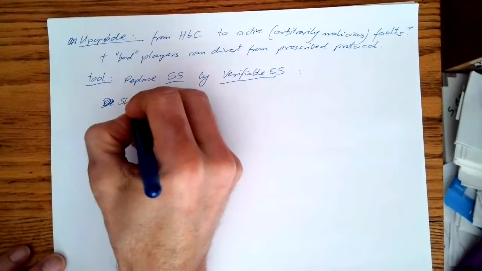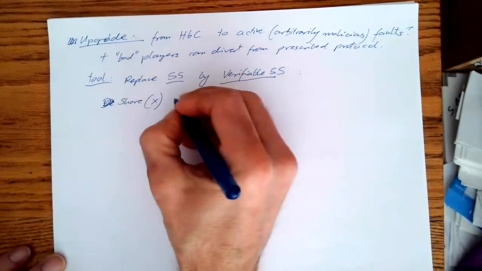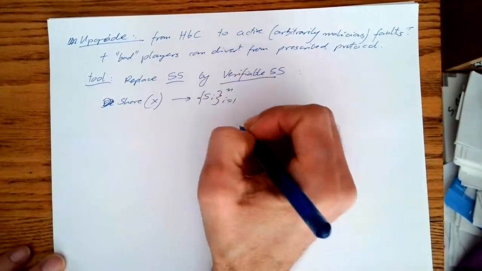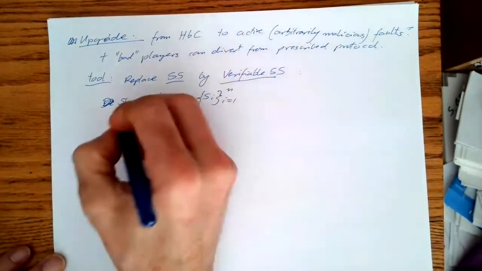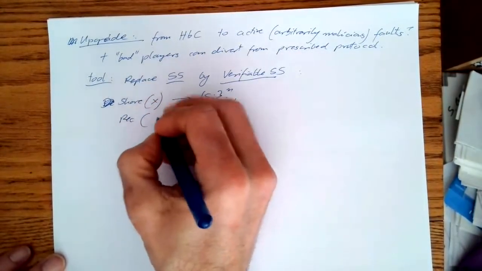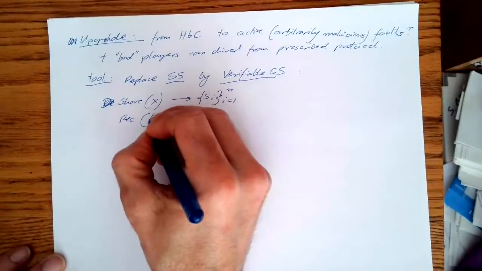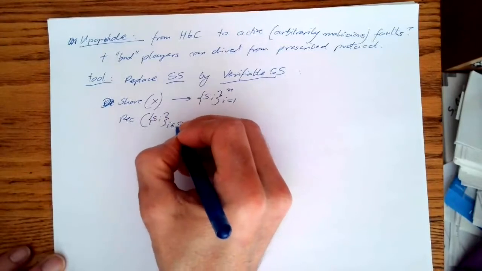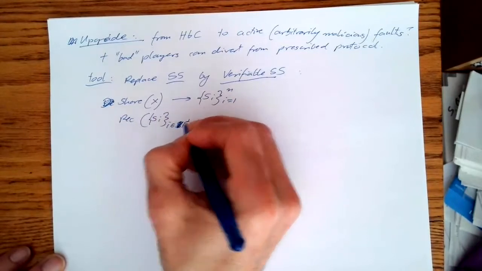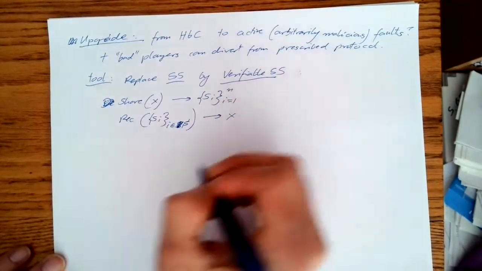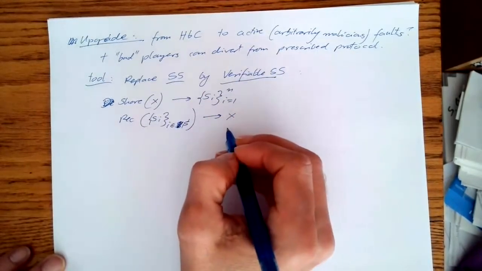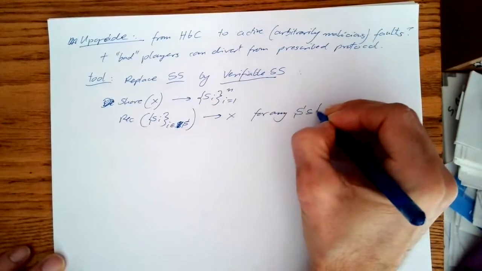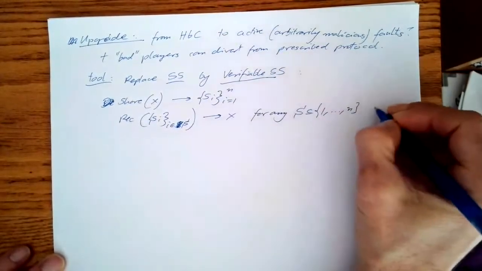The sharing procedure, given X, creates these shares. And the reconstruction procedure, given some large enough subset, reconstructs the secret, for any subset large enough.